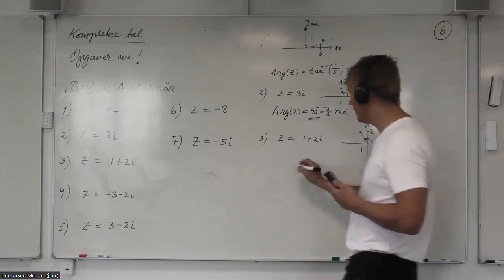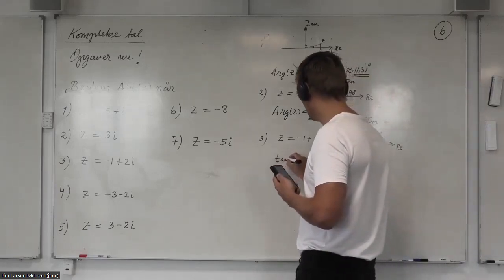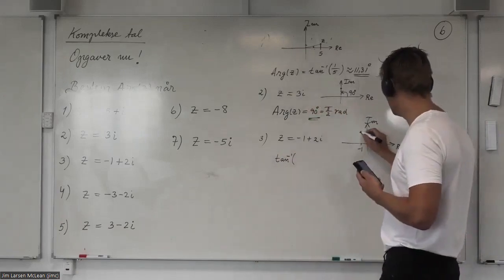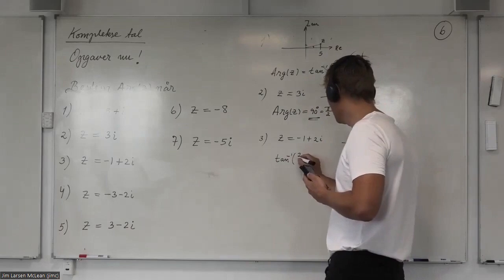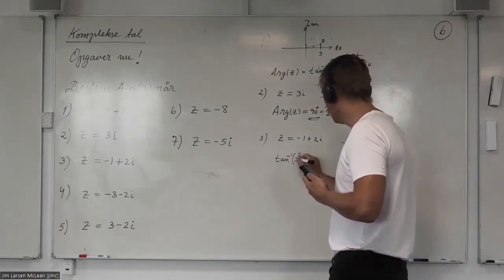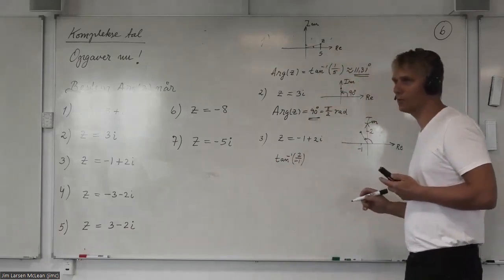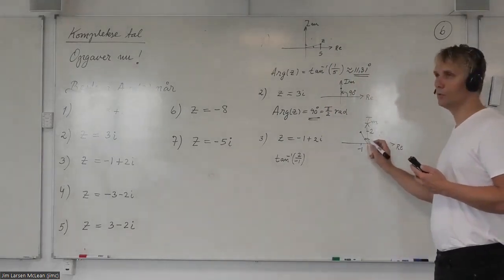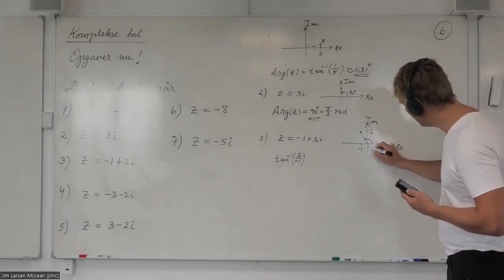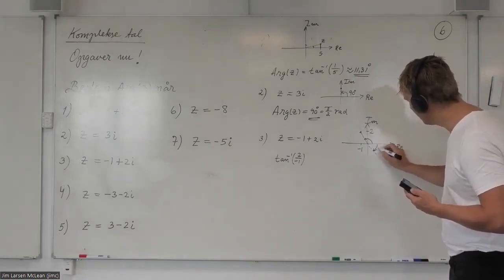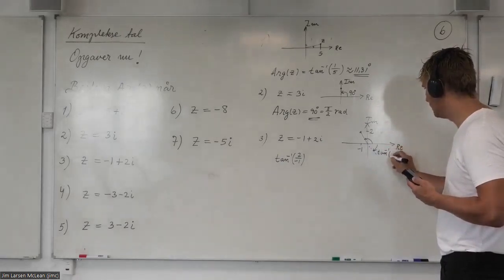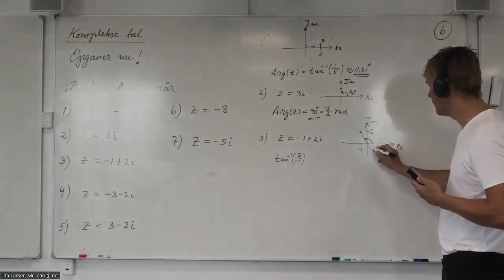If I calculate the inverse tangent of 2 divided by negative 1, this will result in something negative. But I'm not looking for a negative angle. I need a positive angle. The angle I find here is the inverse tangent of negative 2, and to that I need to add 180 degrees.